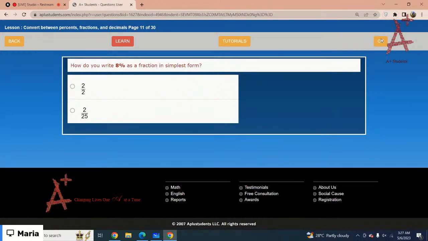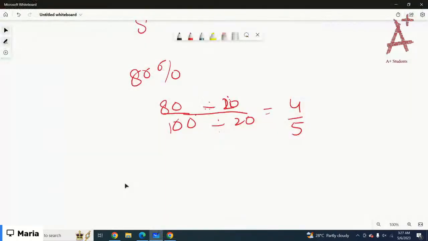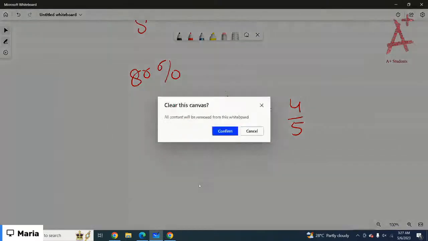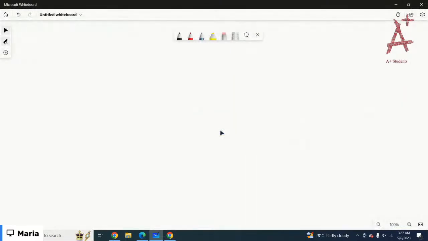Okay, how do you write 8% as a fraction in simplest form? 8% means 8 out of 100.